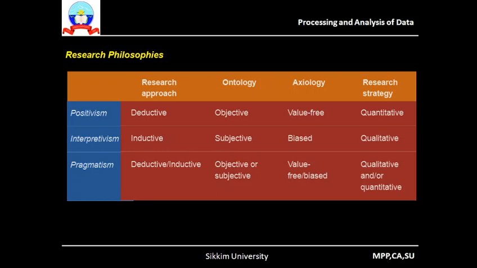In case of interpretivism, the research approach may be inductive, ontology may be subjective, axiology may be biased, and research strategy may be qualitative. In case of pragmatism, the research approach may be deductive or inductive, ontology may be objective or subjective, axiology may be value-free or biased, and research strategy may be qualitative and or quantitative.